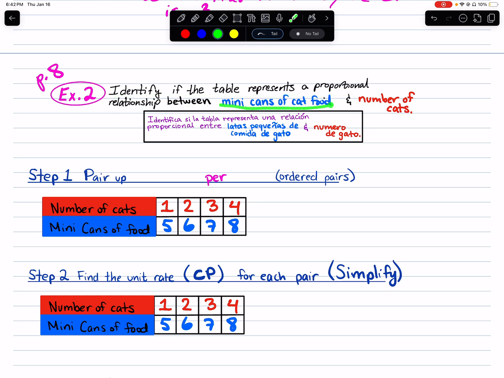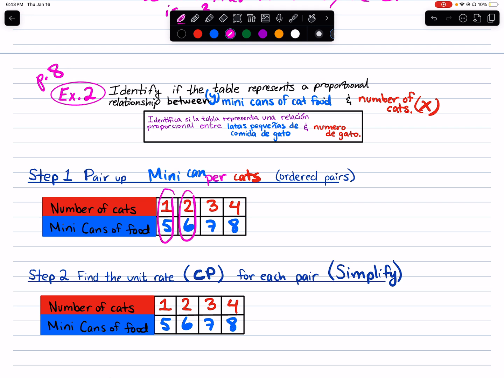Okay, this is the first one, so it's going to go first. Mini cans. And then the second one, I'm actually going to do this because I want to prepare myself for graphing, because that's going to be important. Number of cats. There you go. So I'm going to pair them up.